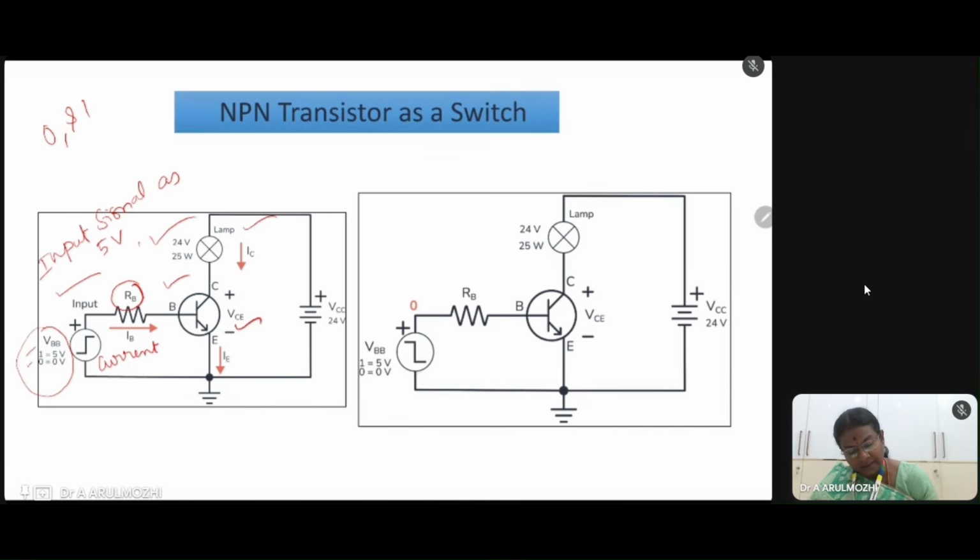So here we can very easily understand the working of a transistor as a switch.